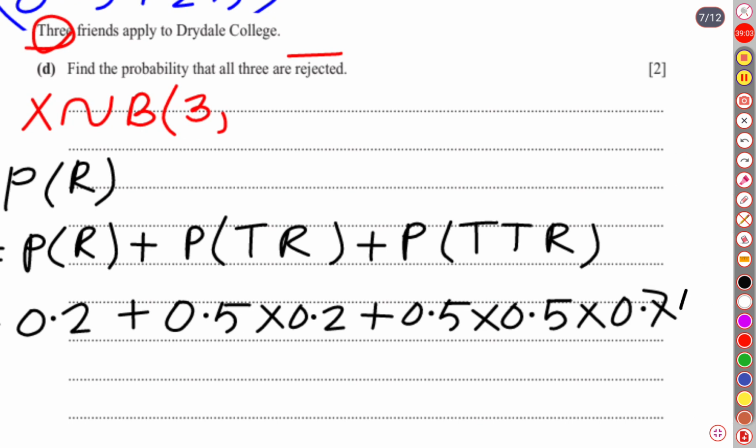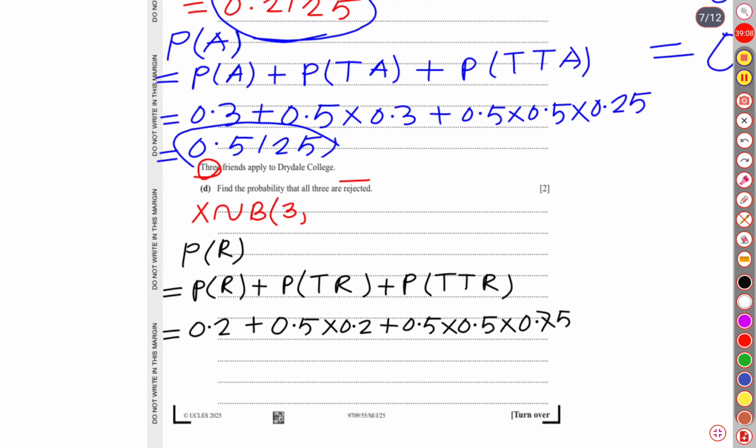So the probability of a student who may be rejected, if we use our calculator, is going to be 0.4875. So this is our parameter.